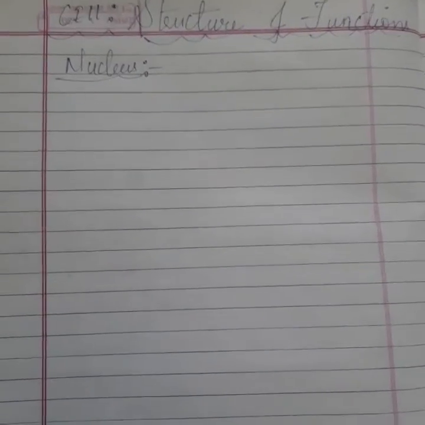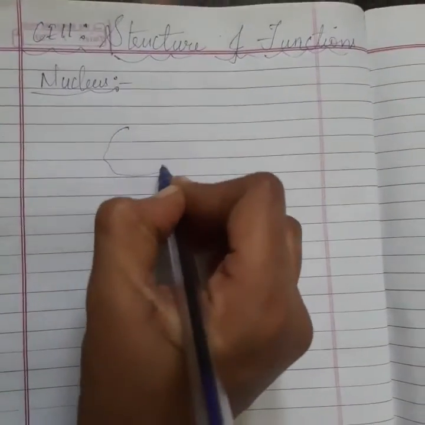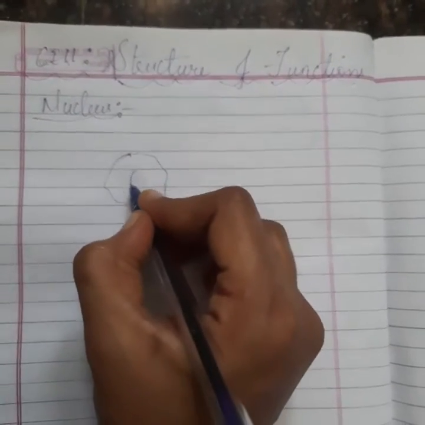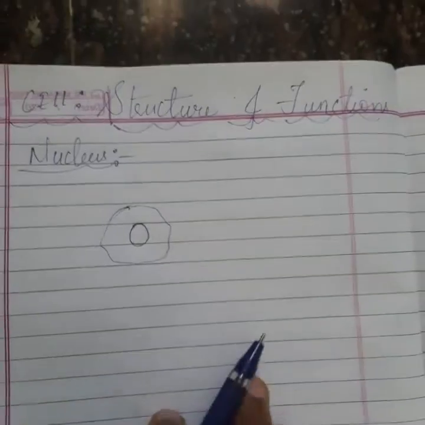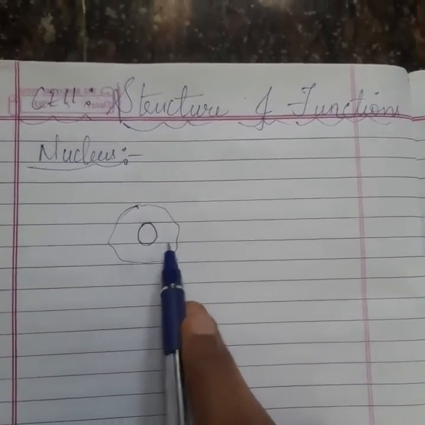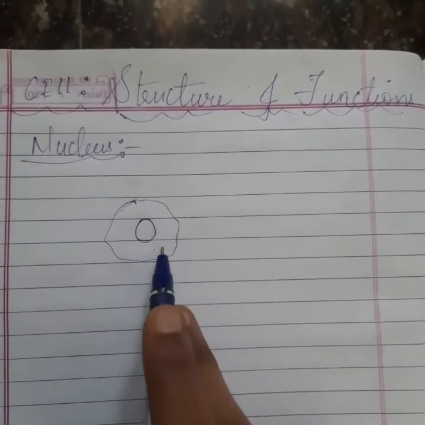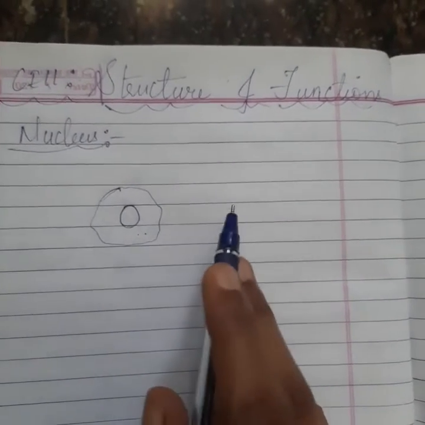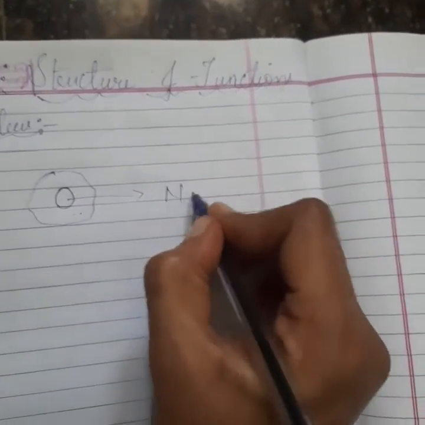So, students, what is nucleus? What do you mean by nucleus? In the last class, we have learned that, consider it as a cell. Then, there is a spherical shape inside the cell which is present in the center of the cell, and it can be seen only with the help of a microscope, which is known as nucleus.